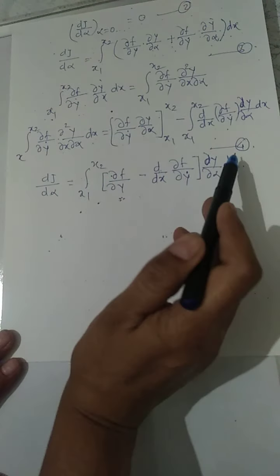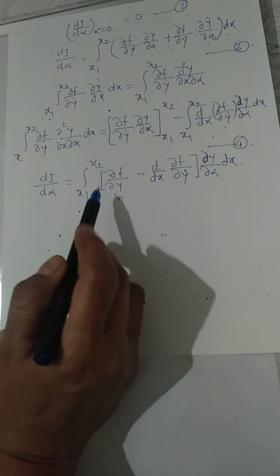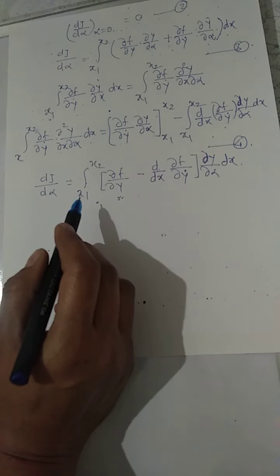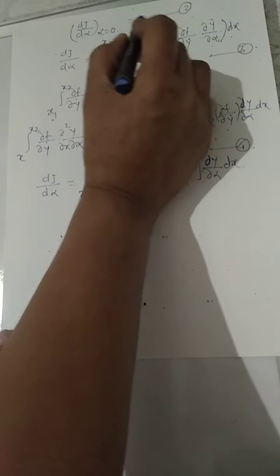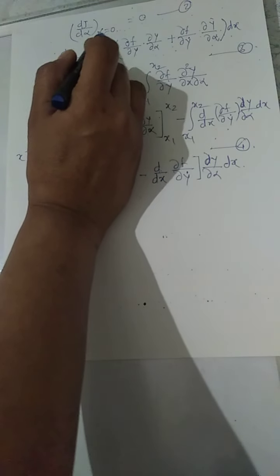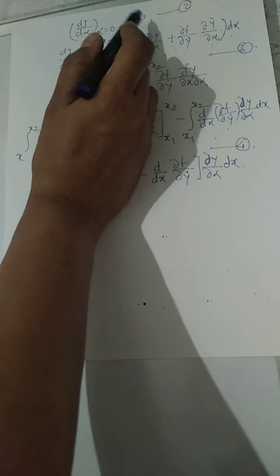After combining equations 3 and 4, we use the condition for a stationary value in equation 2: ∂J/∂α at α equals 0 is 0.